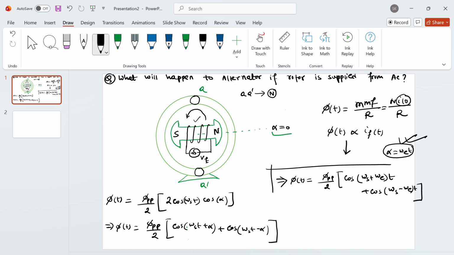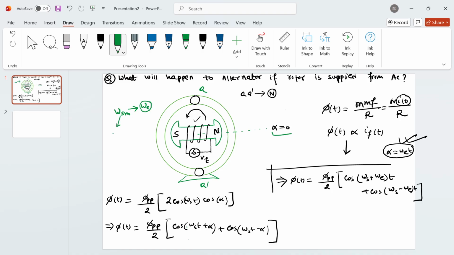Now, let's say your rotor is rotating at synchronous speed. If your rotor is rotating at synchronous speed, then what will happen? Please focus on this. Let's say the mechanical synchronous speed is omega_sm, and as I mentioned, it is a two pole machine, so omega_sm is exactly equal to omega_e, the electrical speed.